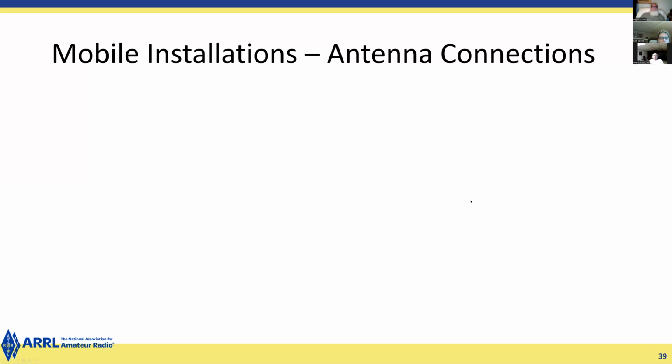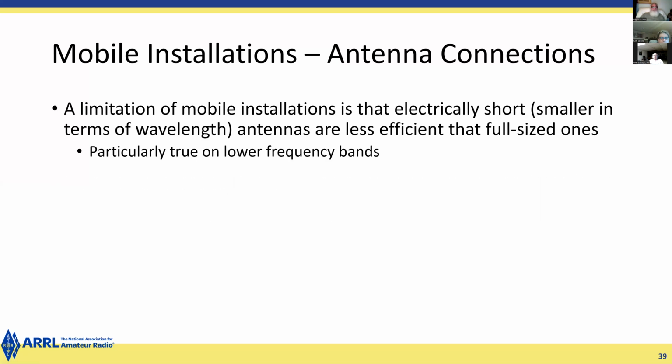Antenna connections. Typically, antennas on mobile rigs for high frequency bands are electrically short, which is to say much smaller in terms of wavelength than VHF and UHF antennas.